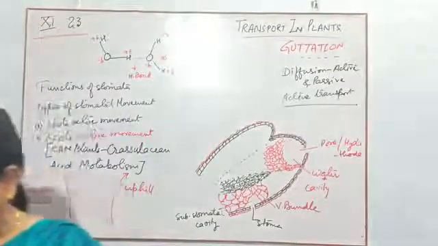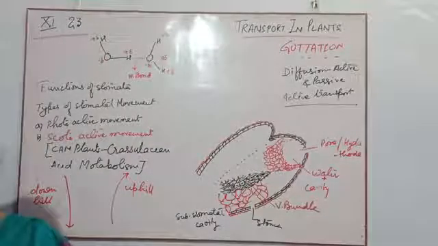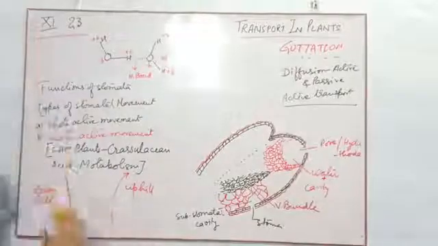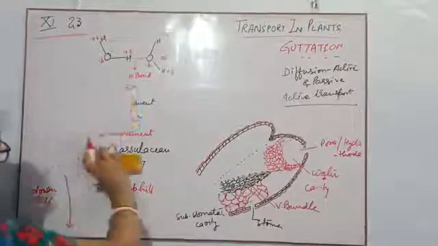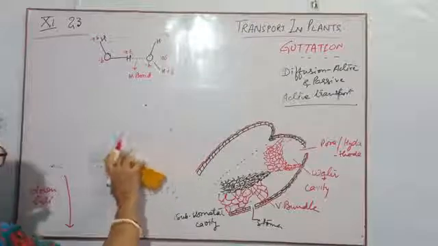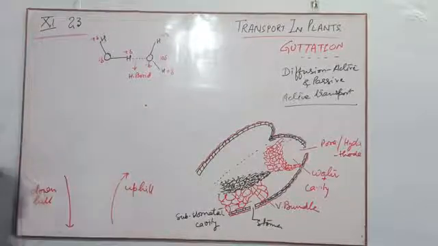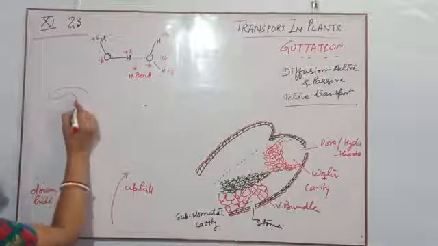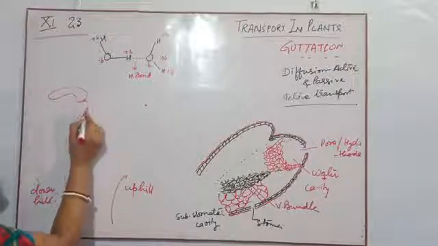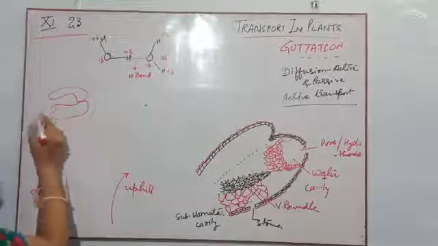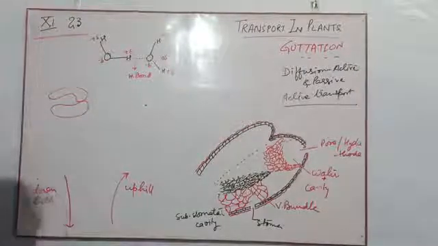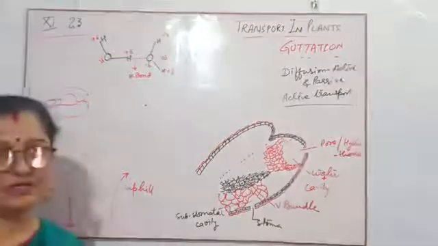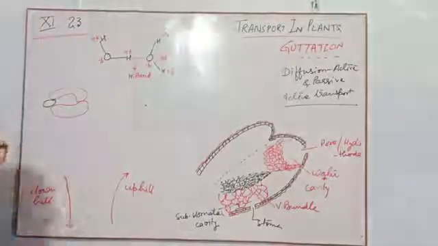Now if I go to the mechanism of active transport, children, according to the mechanism, the cell has a high concentration, but it needs that mineral.